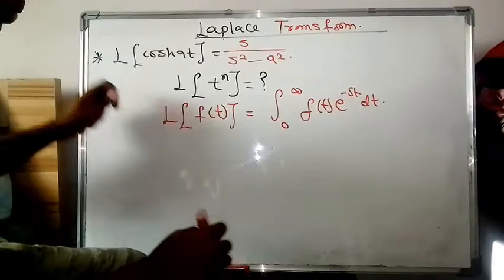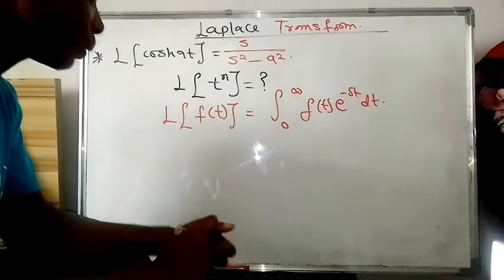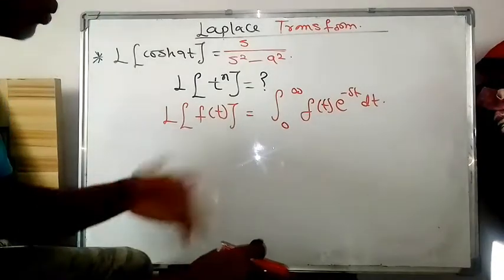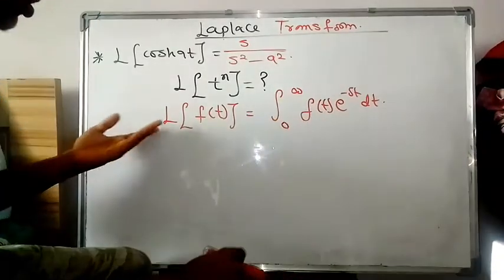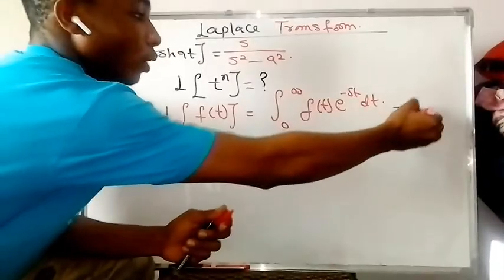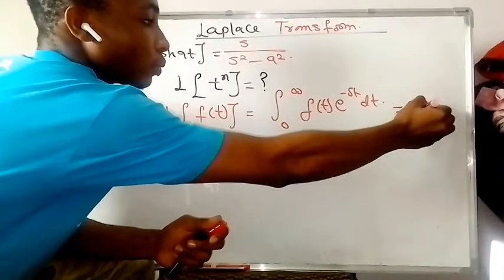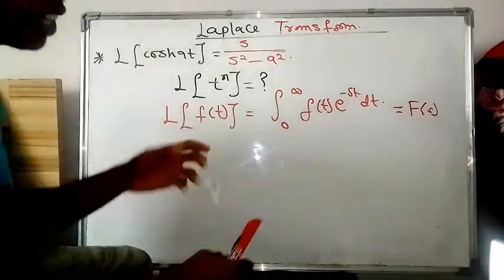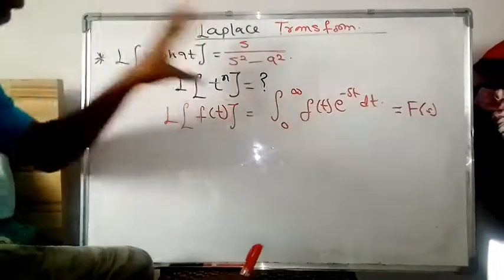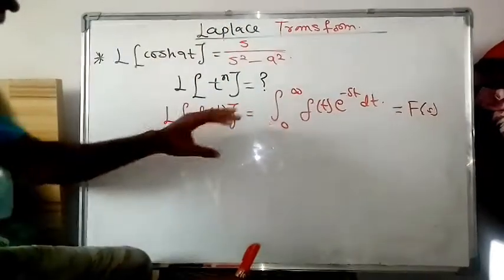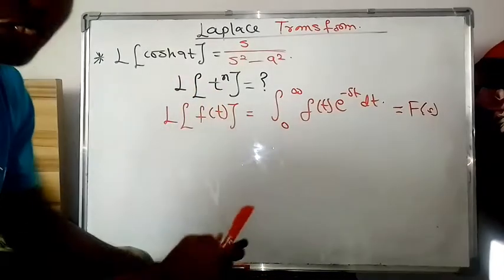We made use of this in almost all the derivations in past videos, and we said that the Laplace of any function of t will surely give you a function of s. I said this in our last video, so if you have not watched it, I advise you to go and watch it. All the answers we have been getting are always functions of s. So today let's see how to calculate the Laplace of t raised to the power n.